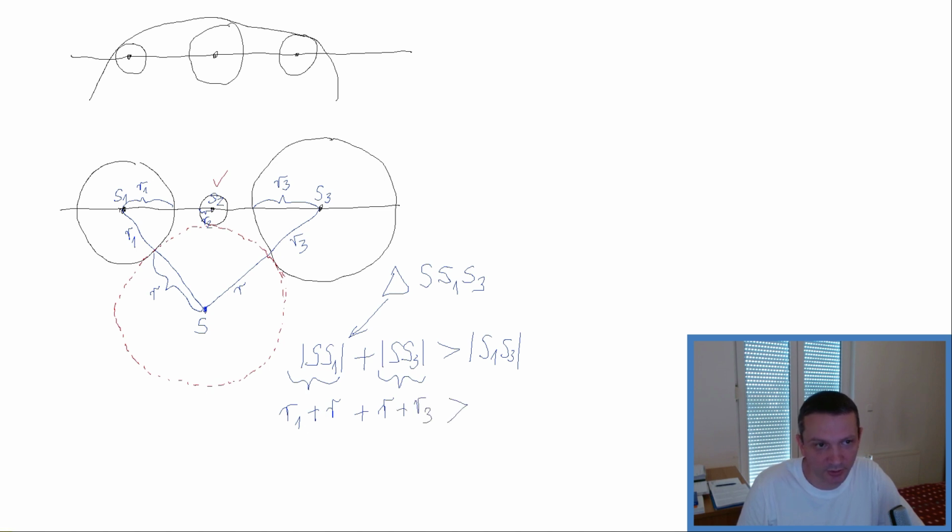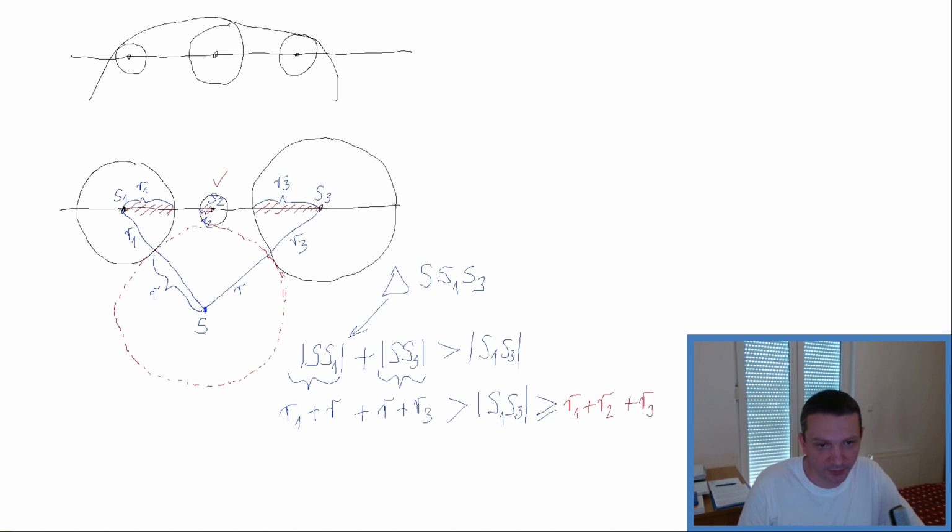And this is greater than S1S3, but S1S3 is greater than or equal to this plus this plus this. So this is greater than or equal to R1 plus R2 plus R3.